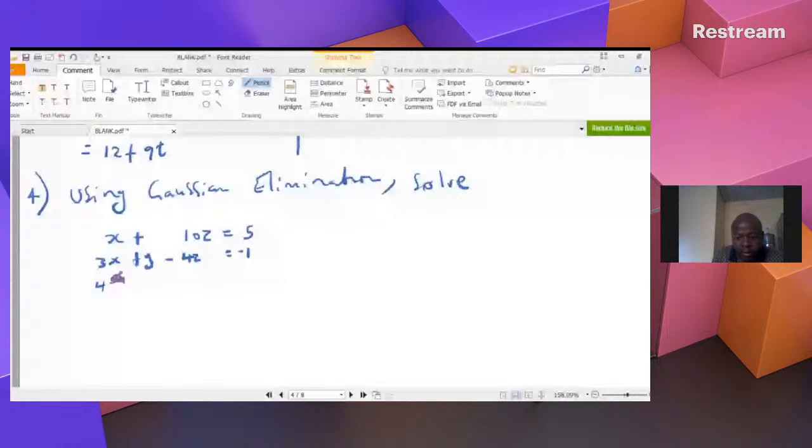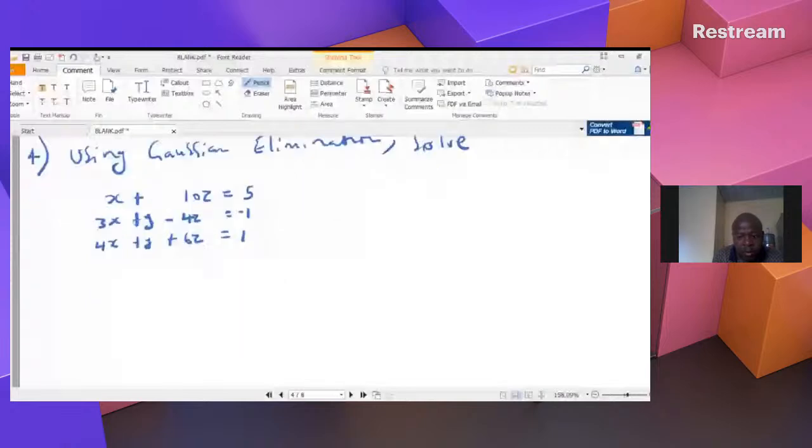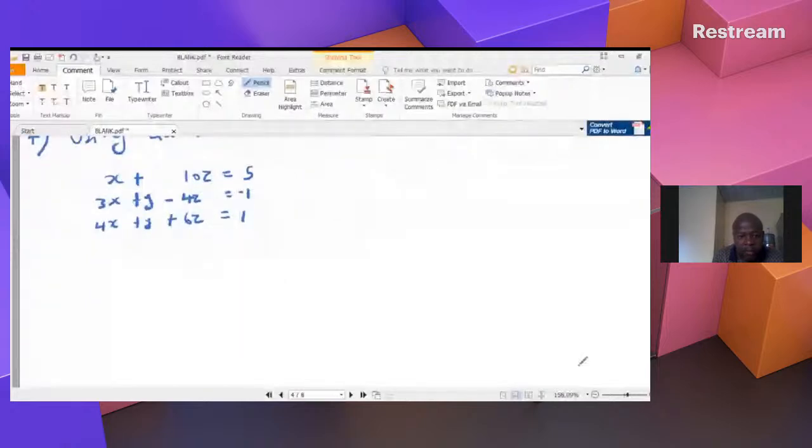The first thing we do is to extract the augmented matrix. So to extract the augmented matrix here, we need, that is 1. You realize that there's no y, it has 0. And that is 10z, so right. And this is 5.